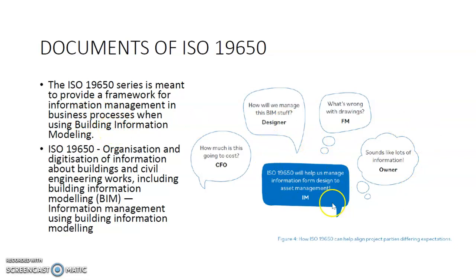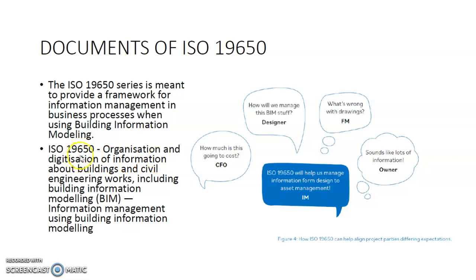So it helps to answer some of these questions: the chief financial officer may be looking at the cost, the designer will be looking at how to manage the information, the facility manager will be looking at what's wrong with the drawings, and the owner could be overwhelmed with so many different types of information flowing across the different stakeholders.